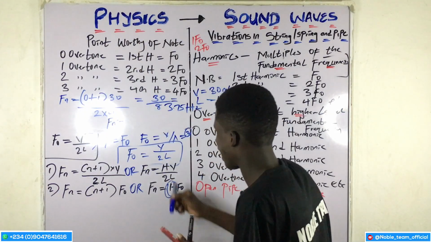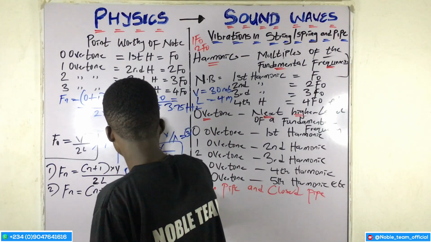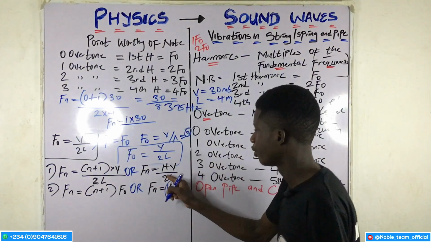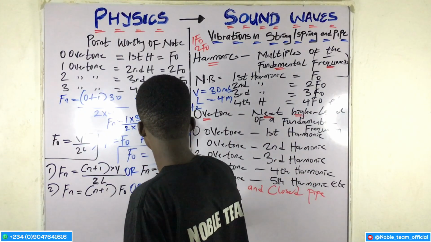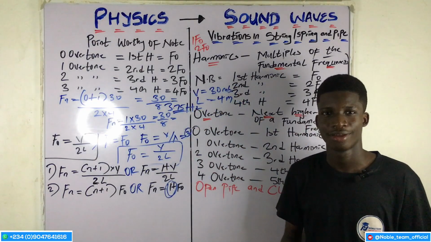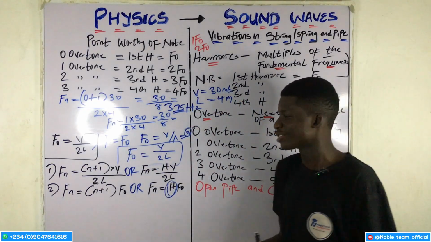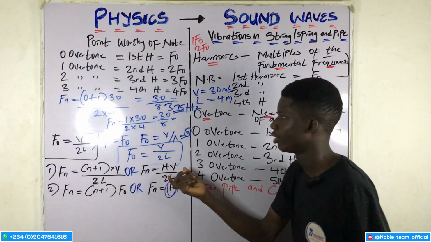So I can say that my harmonic number is 1, times 30 divided by 2 times 4, and it's giving me 30 over 8. And if you divide, you still have the same answer. Do you understand?